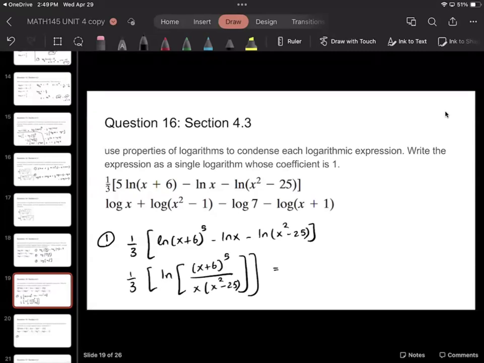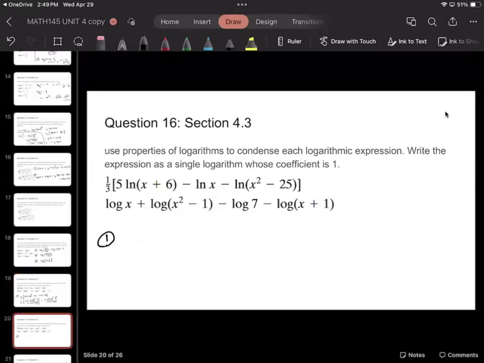Then the 1/3 has to apply to the whole thing, correct? The coefficient. So this will become ln of x plus 6 to the power of 5 over x times x squared minus 25, the whole thing to the power of 1/3. Okay.